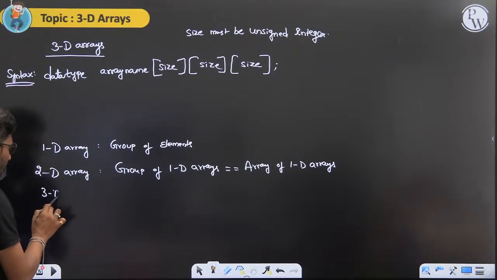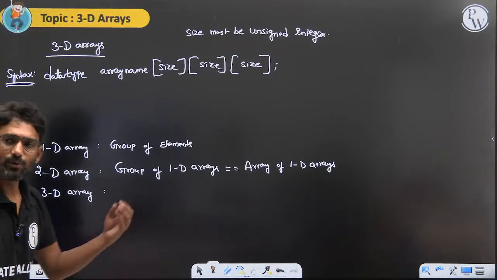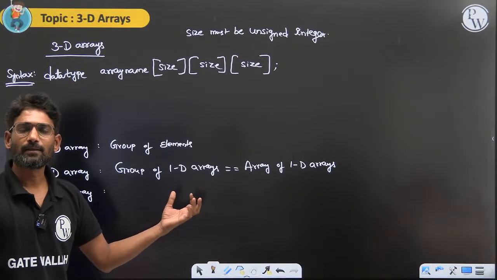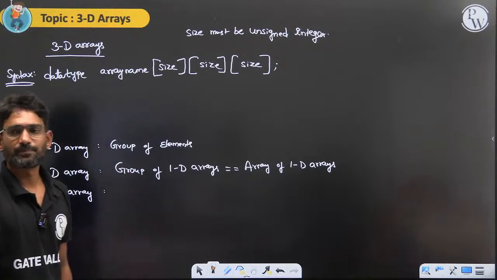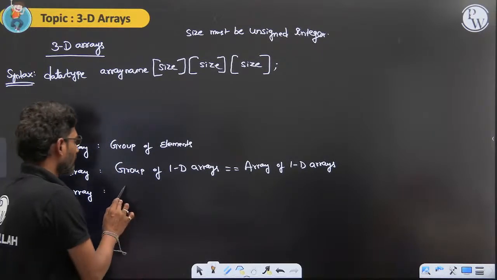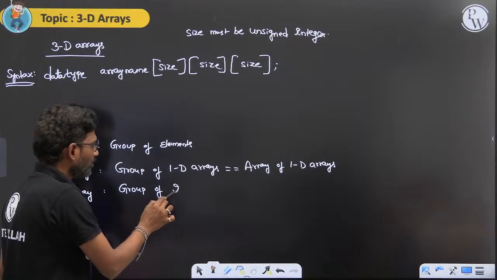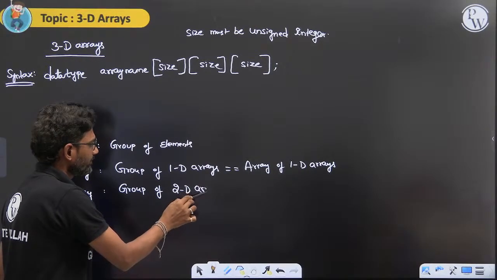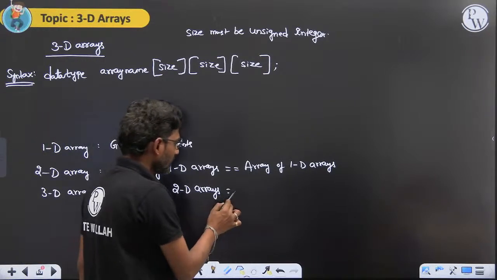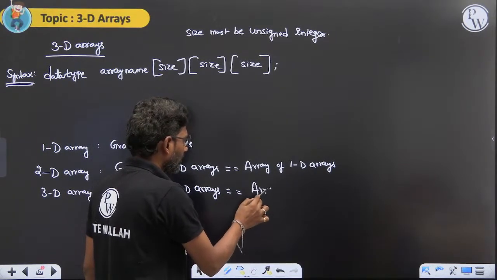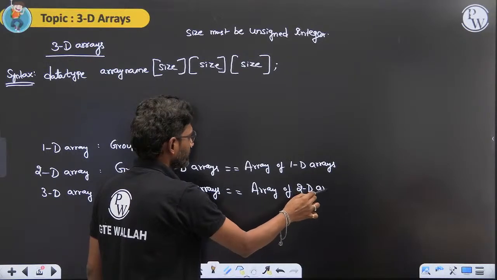Similarly, when I say 3D array, now you tell me what it would be. Group of 2-dimensional arrays, isn't it? That means array of 2-dimensional arrays.